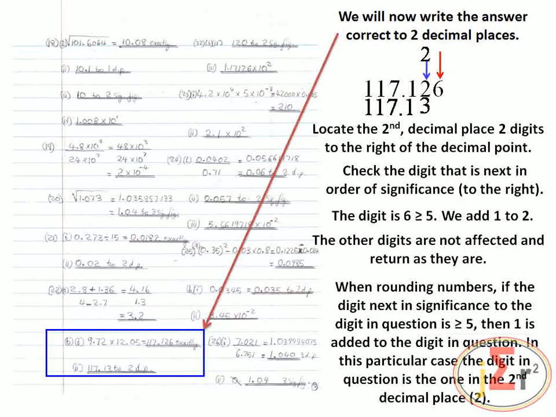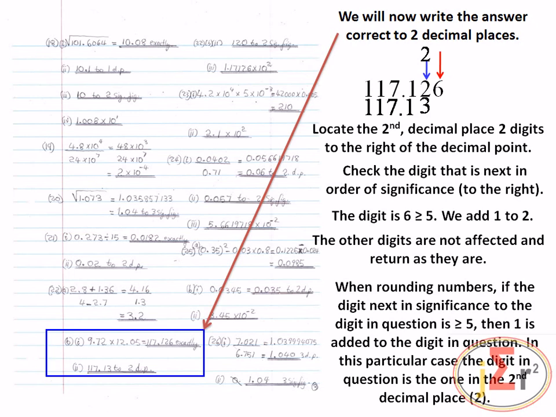When rounding numbers, if the digit next in order of significance to the digit in question is greater than or equal to 5, then 1 is added to the digit in question. In this particular case, the digit in question is the 1 in the second decimal place, because we are writing correct to 2 decimal places.